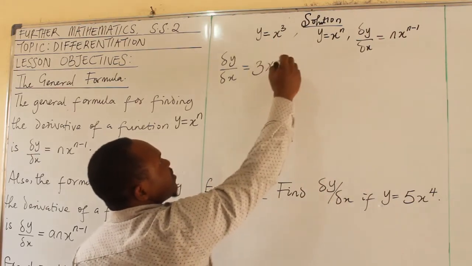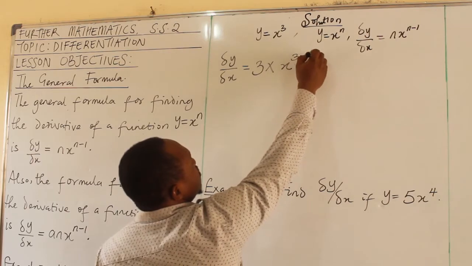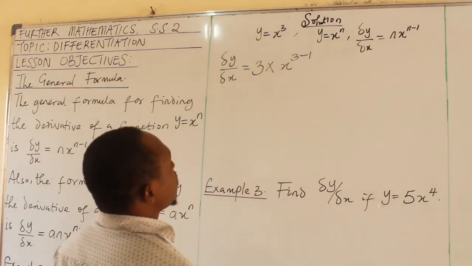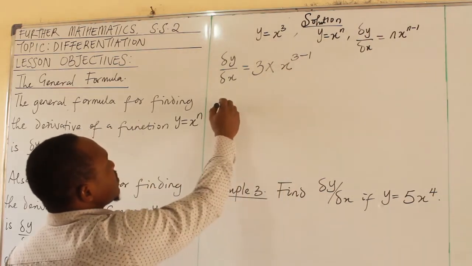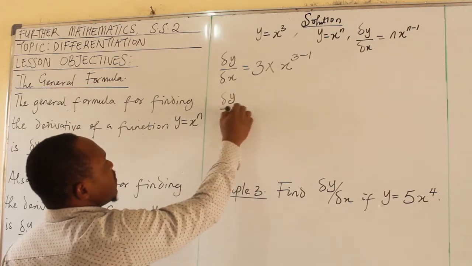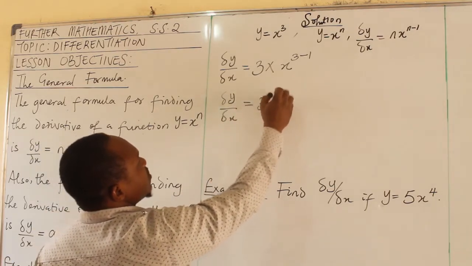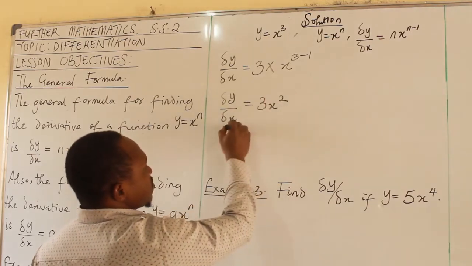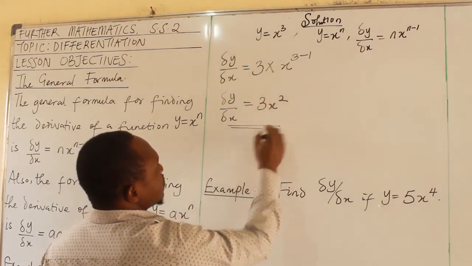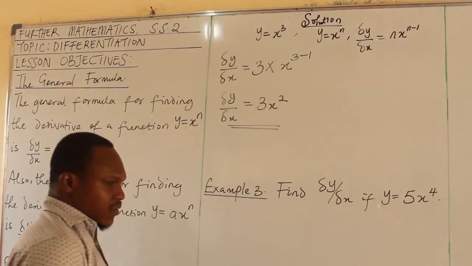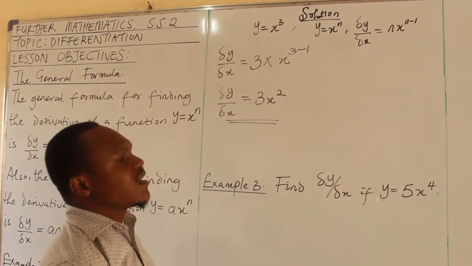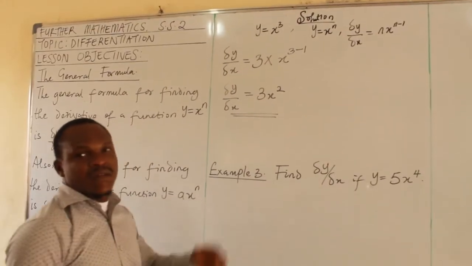Once again, n is 3, so we have x raised to the power 3 minus 1. 3 minus 1 is 2. So finally, dy over dx is equal to 3x raised to the power of 2, just like what we had previously. So if you observe, you can see that the formula method is slightly faster to achieving our aim.